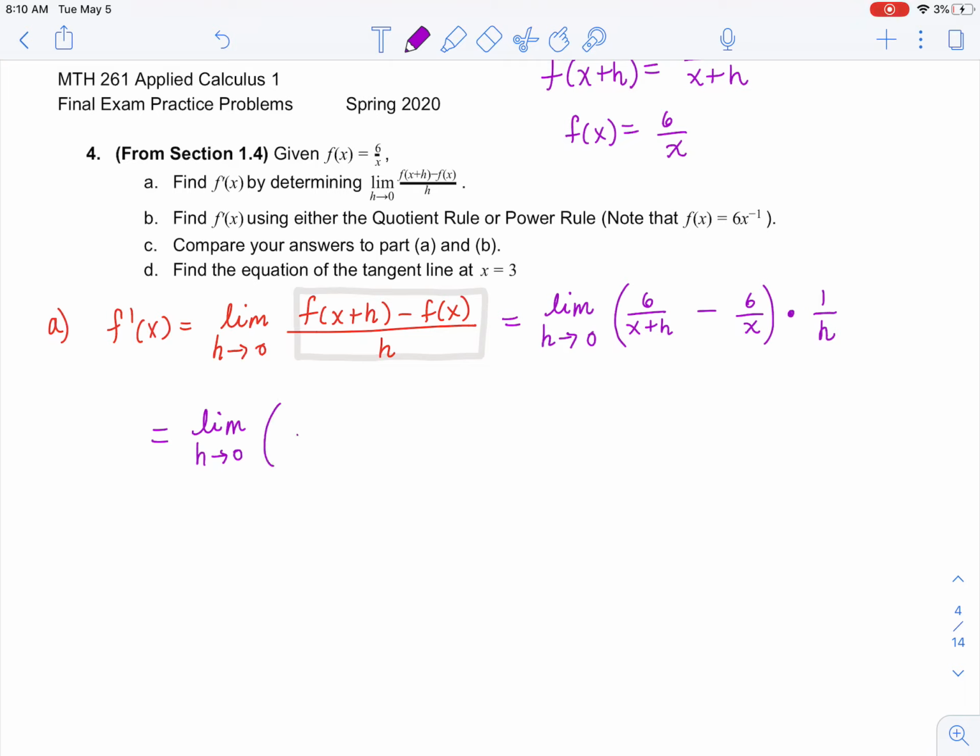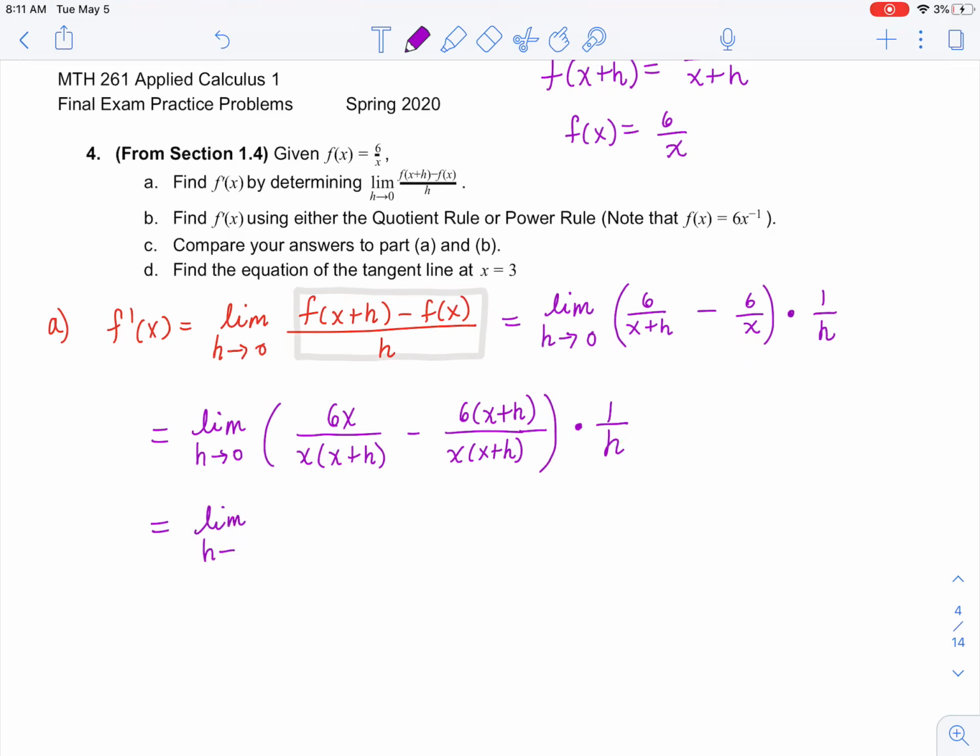Now let's come up with the common denominator. The common denominator can be x times x plus h for both of these. So the numerator used to be just 6, but now it's 6x. The other numerator used to be just 6, but now that is going to be 6 times x plus h. It's just some fraction skills that we use, and don't forget about multiplying by 1 over h later.